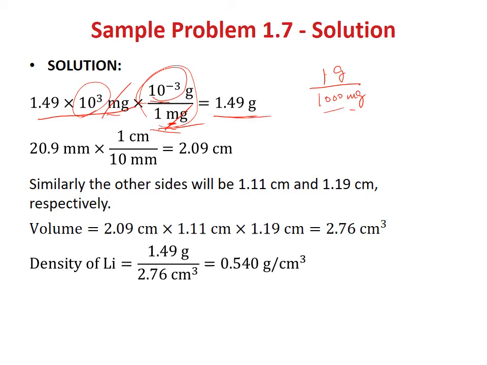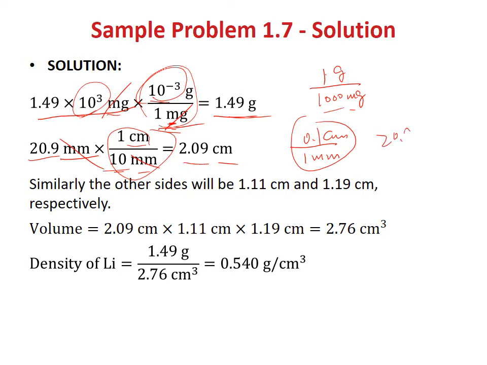So next we want to calculate volume, but first we need to convert millimeter to centimeter, and the conversion is 1 centimeter is 10 millimeter. Or you can write 1 millimeter is 0.1 centimeter. 1 millimeter is smaller than centimeter by 10. So both are correct. By doing that, millimeter cancel each other, you get centimeter, and 20.9 divided by 10 gives you 2.09 centimeter.